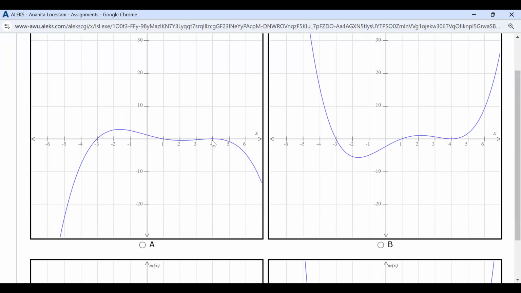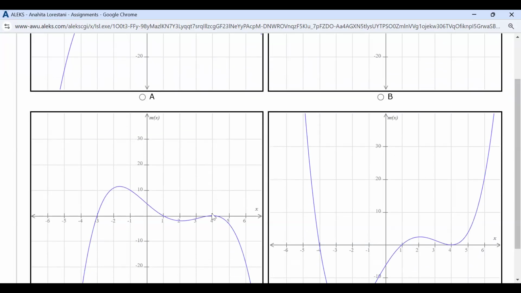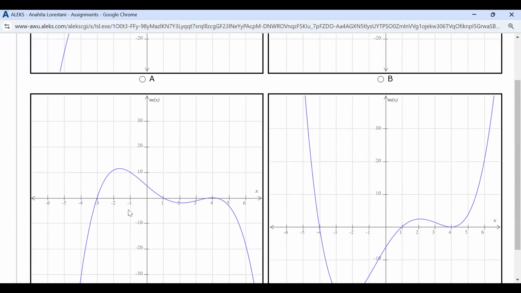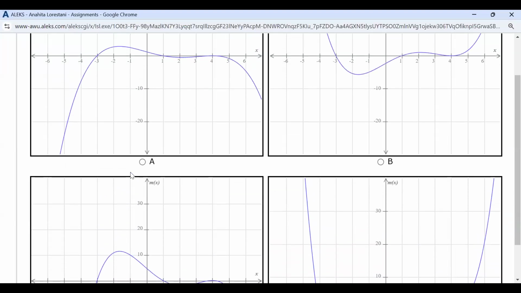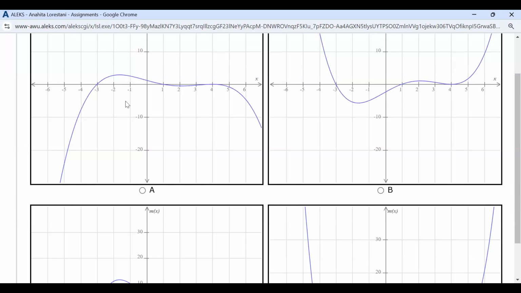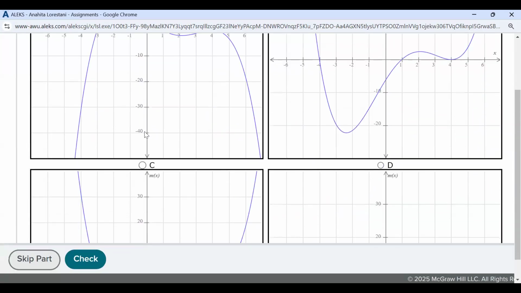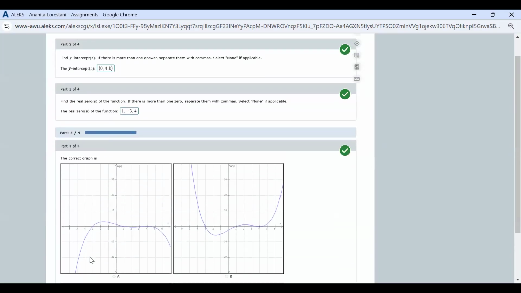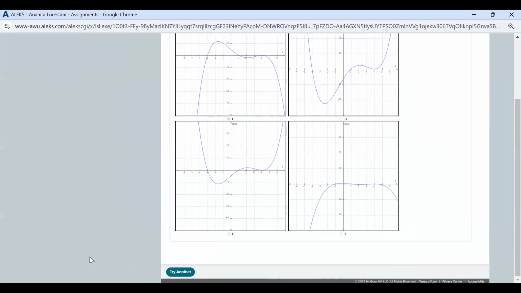Both were touching 4. So does this one. But then, in order for me to find the correct graph, I had to evaluate the function at -1 and see which one is going to give me +10. So this is the correct graph. C. So that's the end.